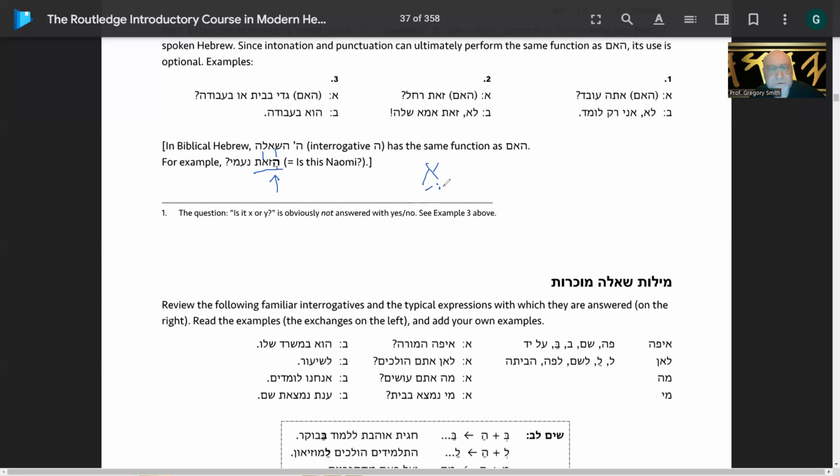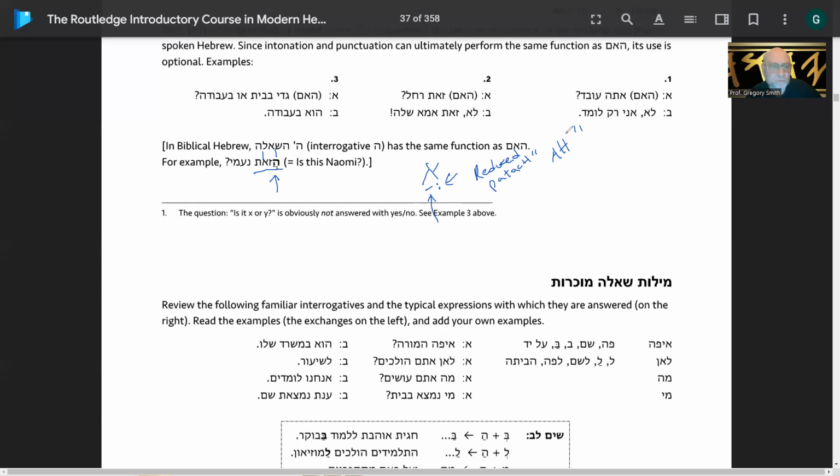So this pointing, in English it's called a reduced patach, and that means there's less emphasis on the ah sound here. Typically this has an ah sound, but it's much more slight.